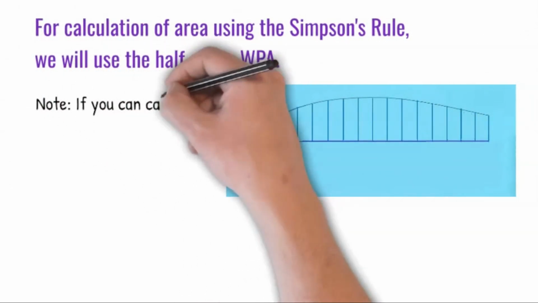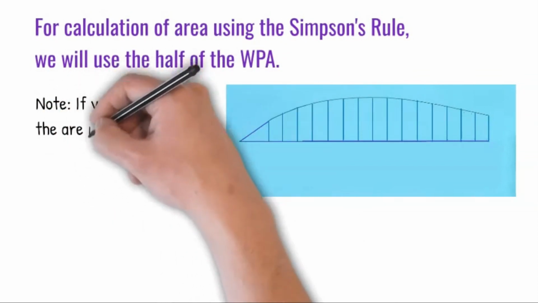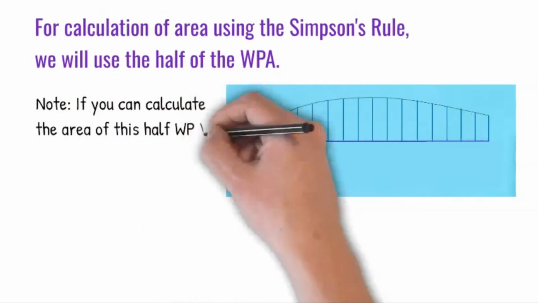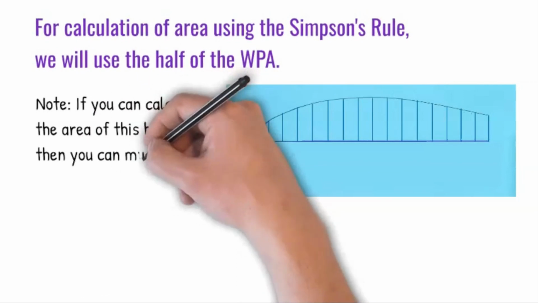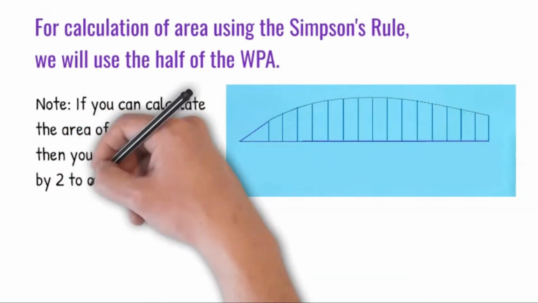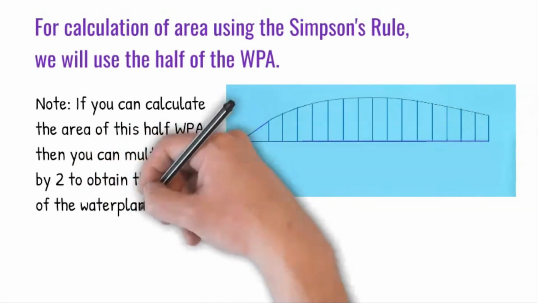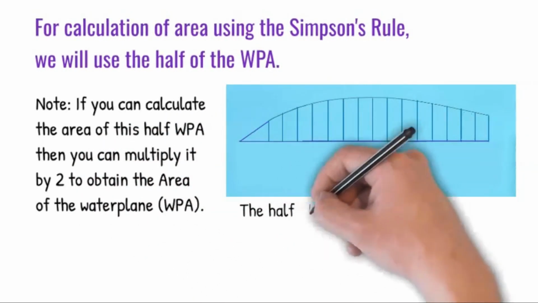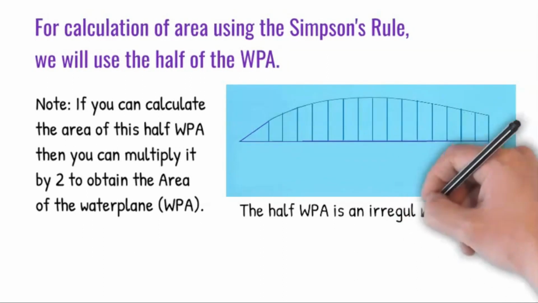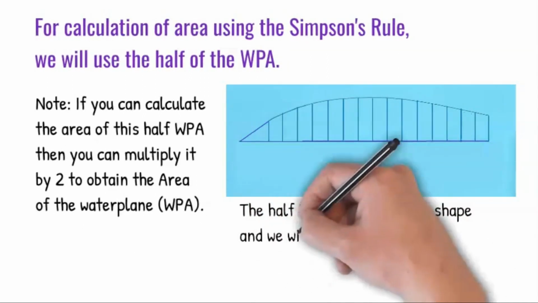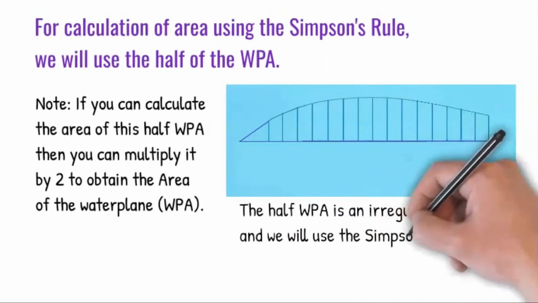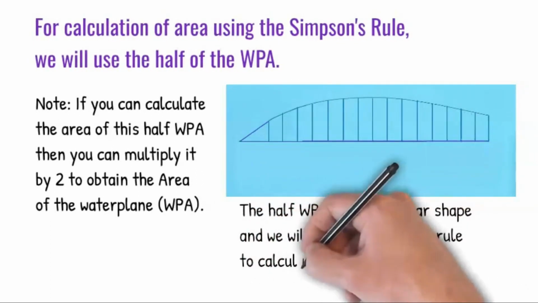Note, if you can calculate the area of this half WPA, then you can multiply it by 2 to obtain the area of the waterplane, WPA. The half WPA is an irregular shape, and we will use the Simpson's rule to calculate the area under the curve.